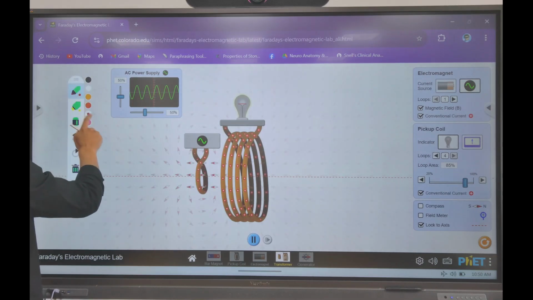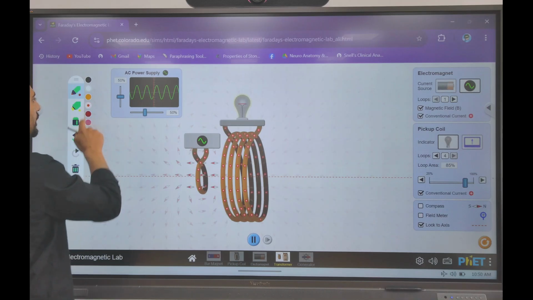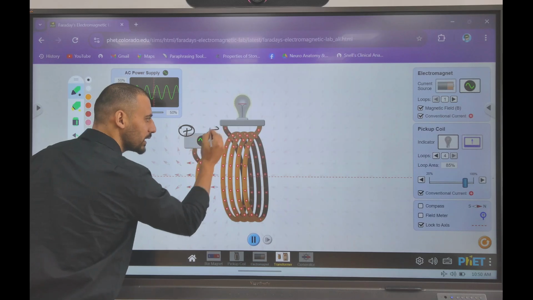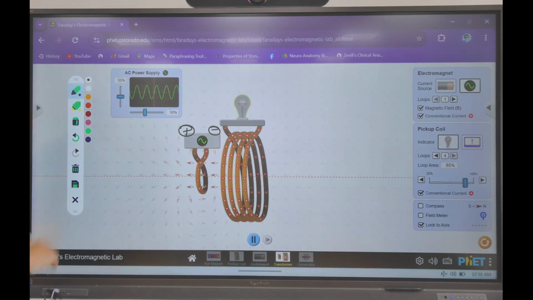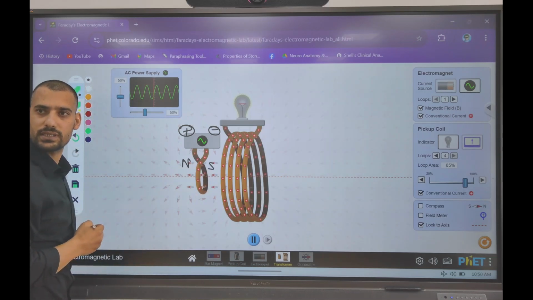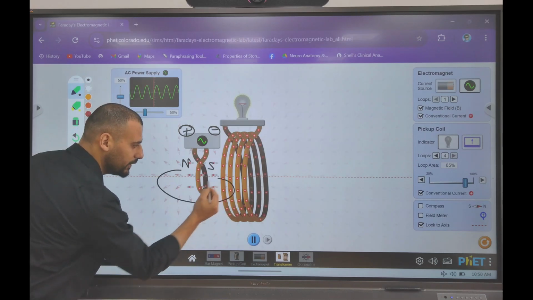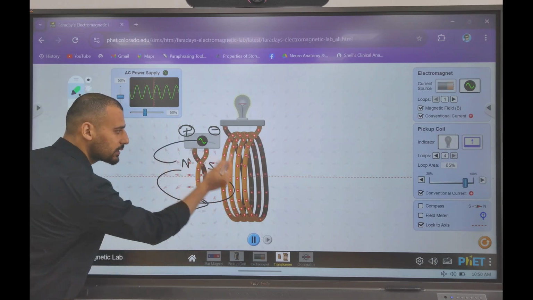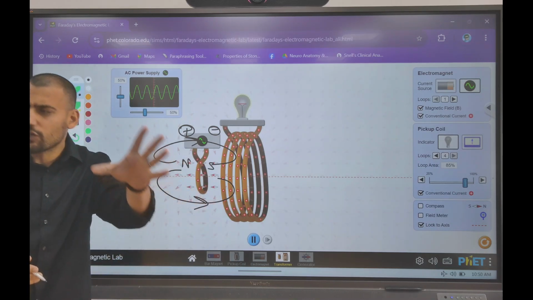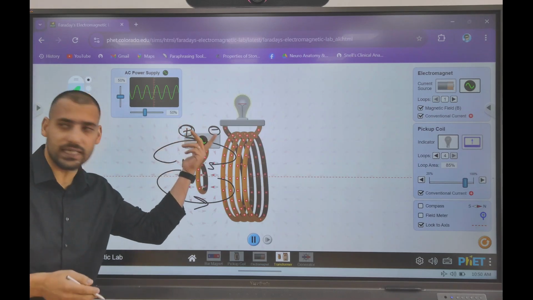When the polarity will change, for example, initially, when I started, this was positive and this was negative. Tell me which magnetic field was produced. So this will be the north pole and this will be the south pole, isn't it? So the magnetic field was like this. But within a very fraction of a second, what happens? The polarity gets reversed.